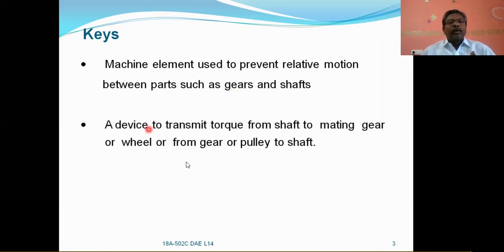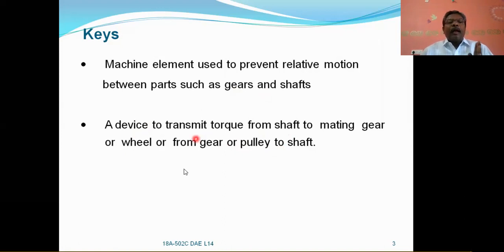And also we can define this as a device to transmit torque from shaft to mating gear or the wheel, or from gear or pulley to shafts.